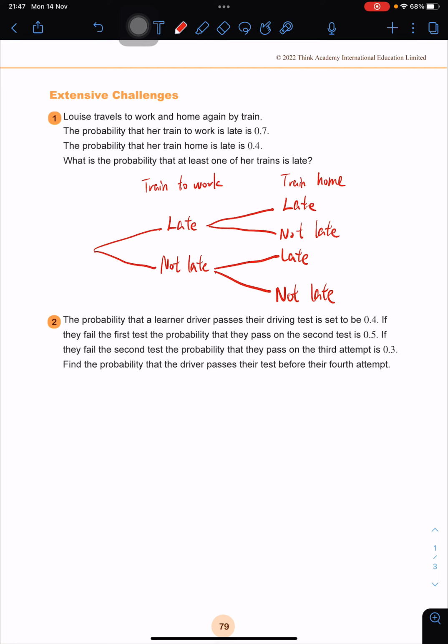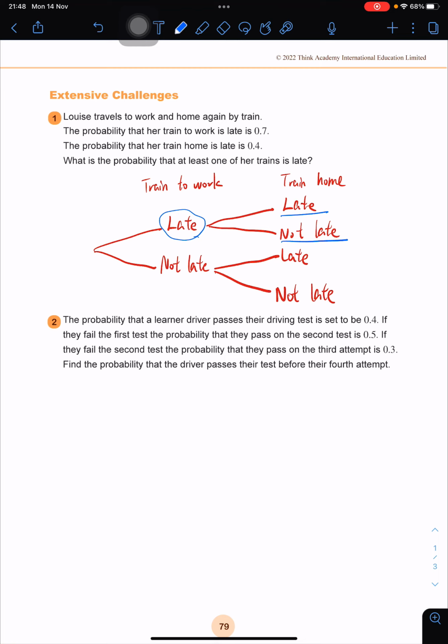So next, we are looking at the probability that at least one of her trains is late. What are the cases where one of the trains is late? First of all, if the train to work is late, then both of these cases have at least one train late.